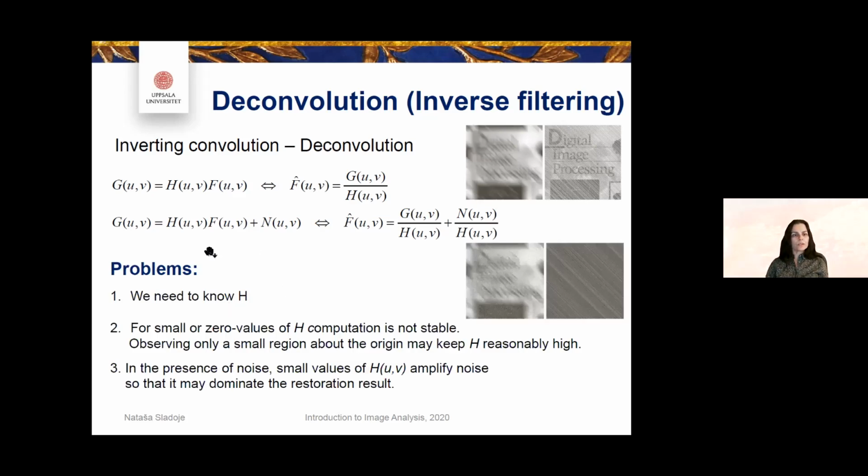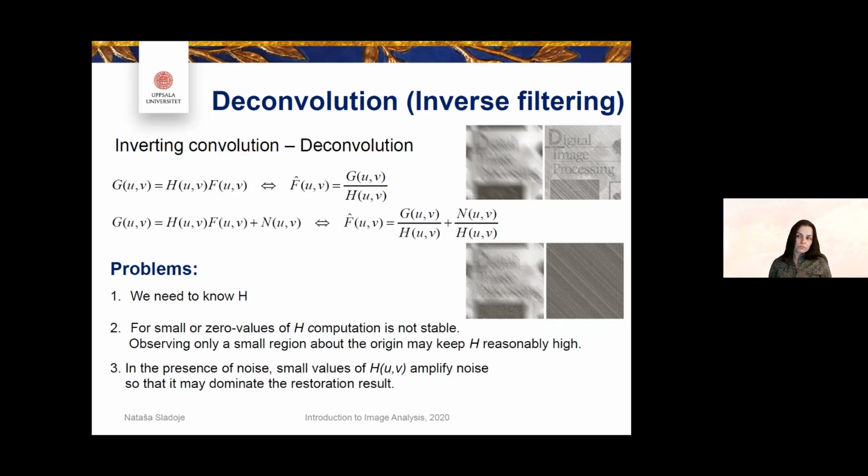First of all, we need to know this function h, which is the Fourier transform of our point spread function. We can say something about how to get to know it, but it's good to be aware that it's not straightforward or ready-made. Another thing is that in both of these formulas, even with no noise at all, we are performing division by h in the Fourier domain.